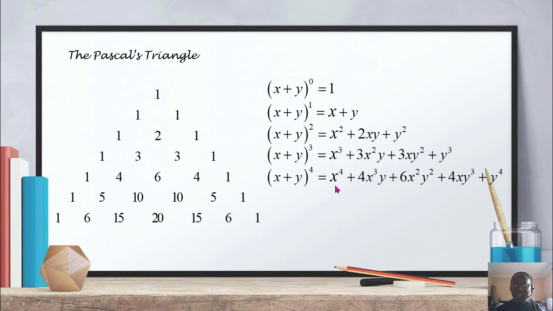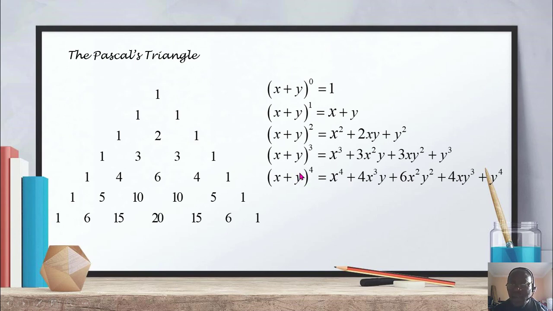Those will be the coefficients of all the terms. And then again, the highest power is 4, so we're going to raise the first term to the highest power, which is 4, and then keep reducing by 1. So we're going to have 4, 3, 2, 1, and eventually 0.